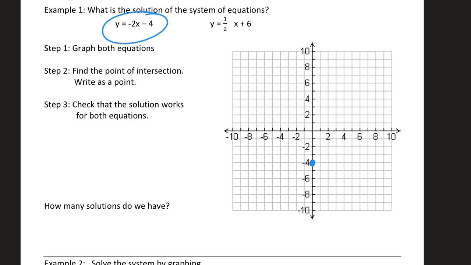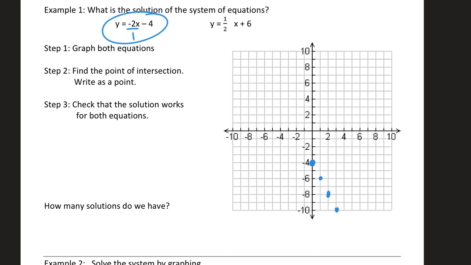And I'm going to count my slope. It was -2, so we are going to go down 2, and it had nothing divided by it, so it's divided by 1. So I'm going to go down 2, right 1. Down 2, right 1. As far as you can go.